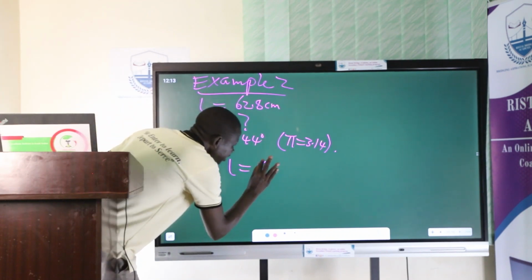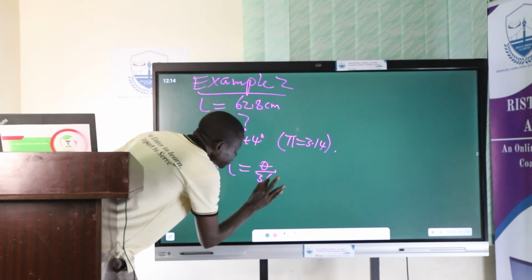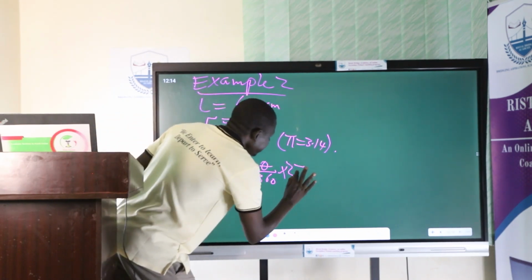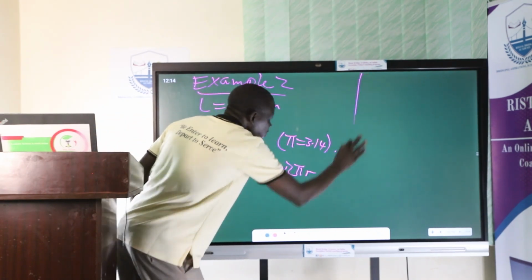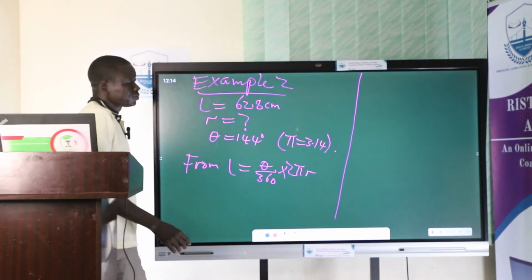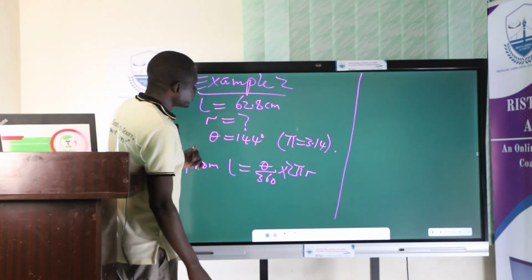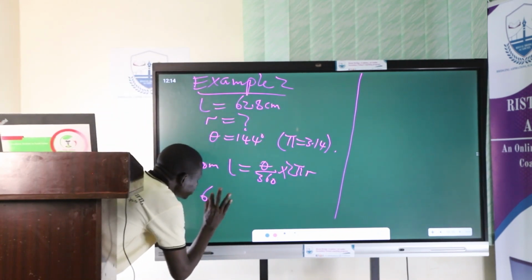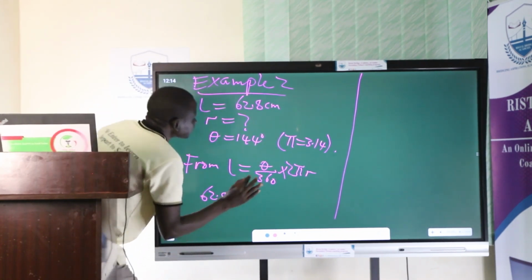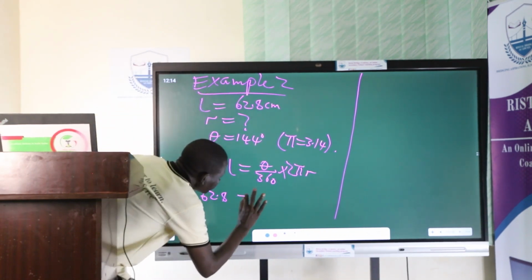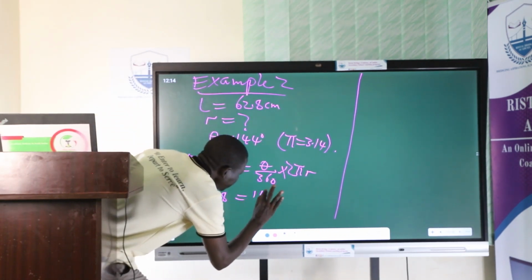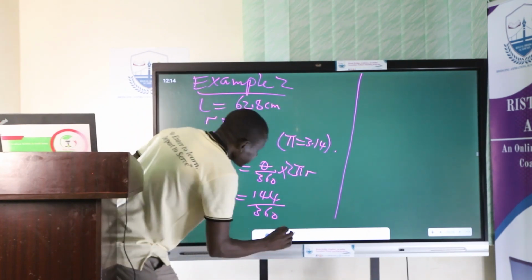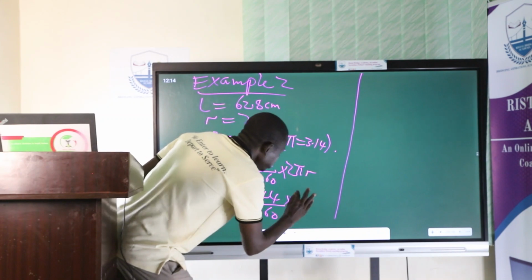Then we carry out substitution. But they have given us L, so when there is L, we shall put 62.8 is equal to theta, which is 144 out of 360, then times 2 times pi, which is 3.14, then times r, which is the radius we want to find.